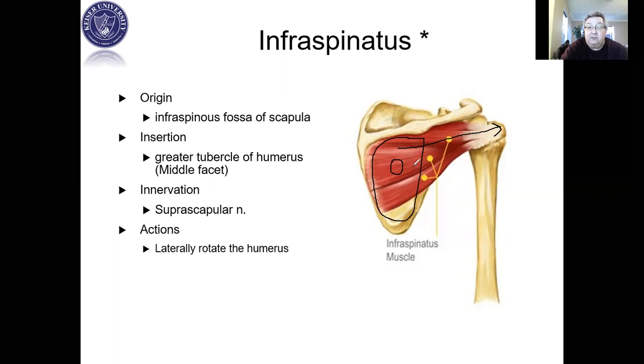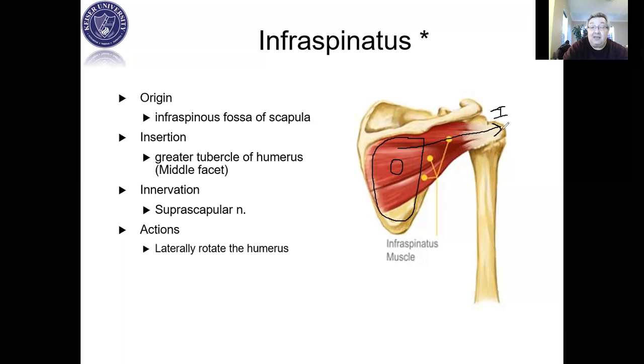So here's a muscle that's on the posterior side, and here's its insertion. When that insertion comes closer to the origin, it allows the humerus to rotate. So infraspinatus rotates the humerus or rotates the shoulder laterally or externally.